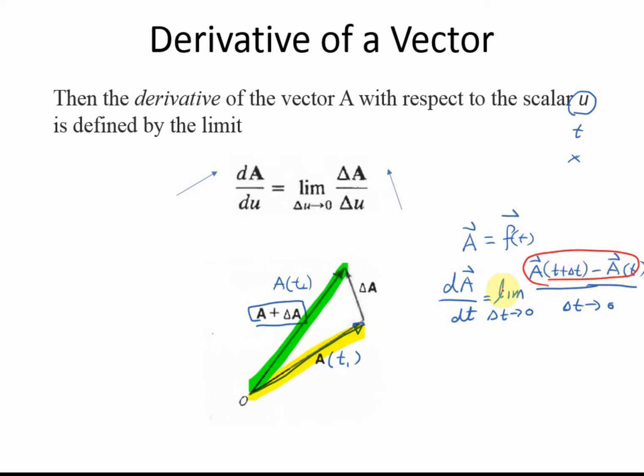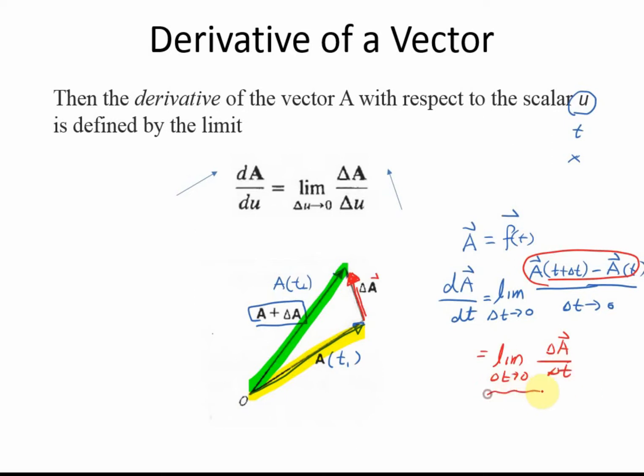So if you subtract it, it becomes this vector. So let's say this is delta A vector, so then this one becomes delta A over delta t like that.